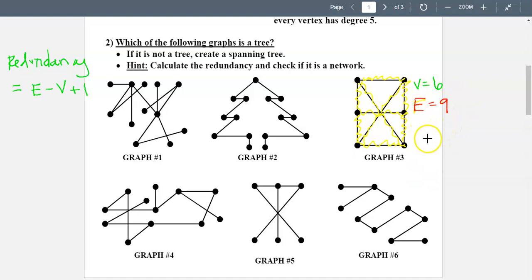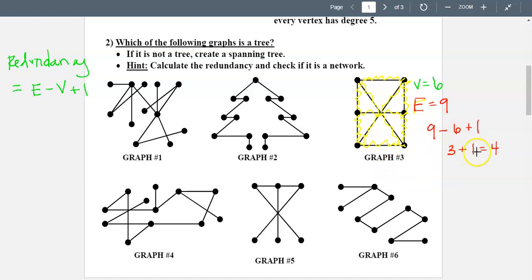If we want to calculate the redundancy for graph number 3, you would just say 9 minus 6 plus 1. Okay. So 9 minus 6 gives you 3 plus 1, right, equals 4. So we need to remove 4 edges from this graph in order to make it a spanning tree.